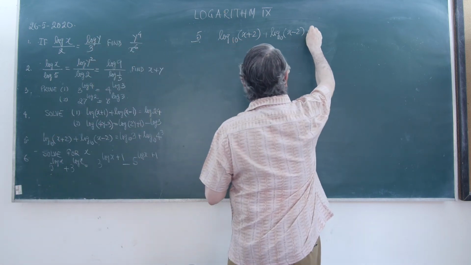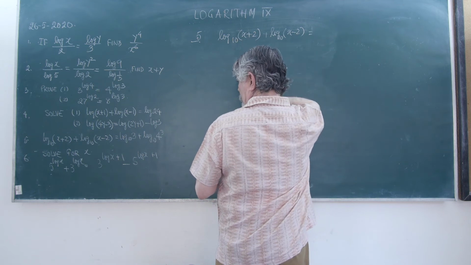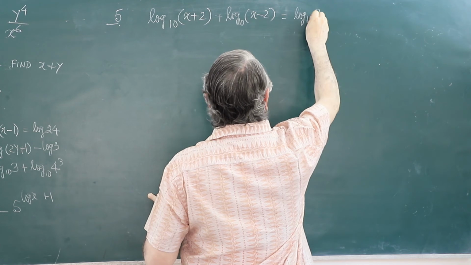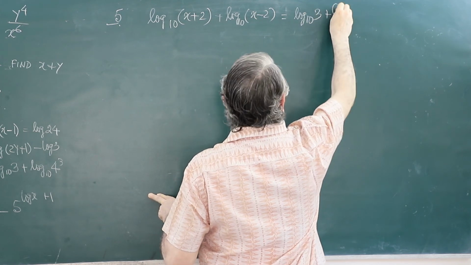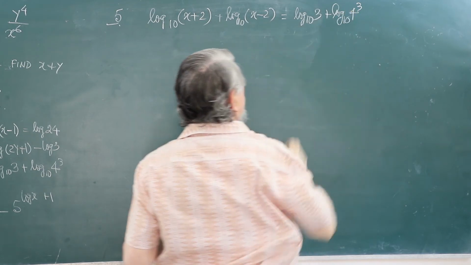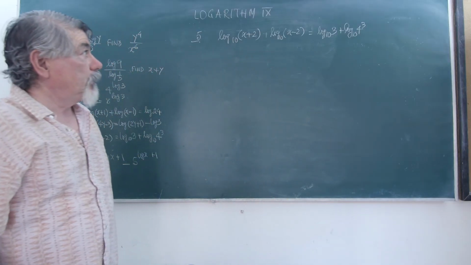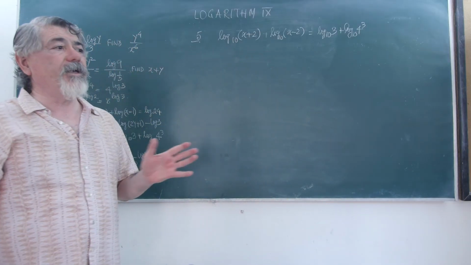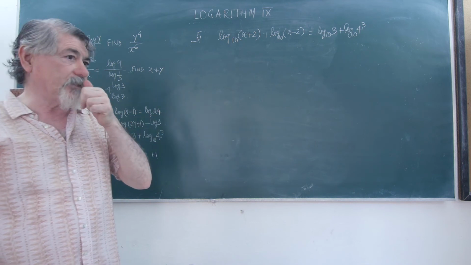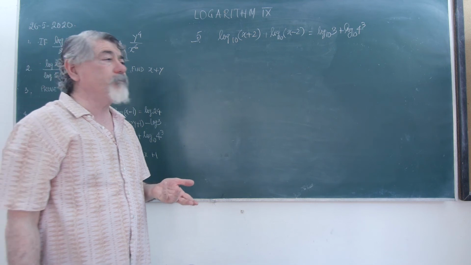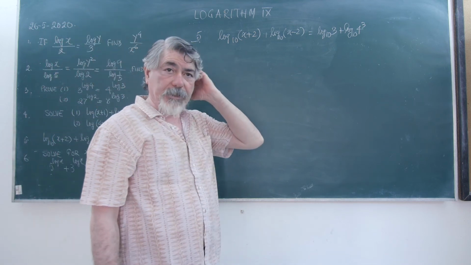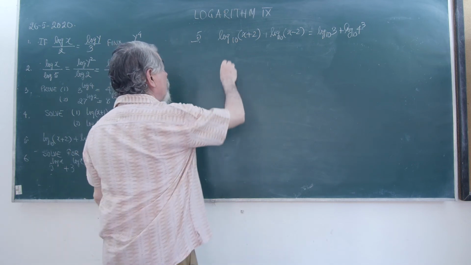So this is equal to log 3 to the base 10 plus log 4³ to the base 10. Again we are going to combine the left hand side together and the right hand side together, change them to single logarithms, and then when we have changed them to single logs, we can remove the log.